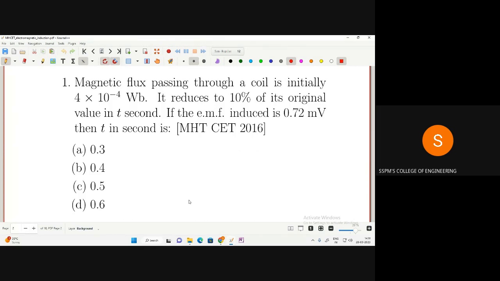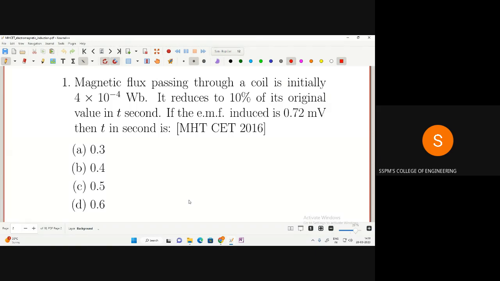The first example is given as: the magnetic flux passing through a coil is initially 4 into 10 to the power minus 4 Weber. Then it reduces to 10% of its original value in time t.